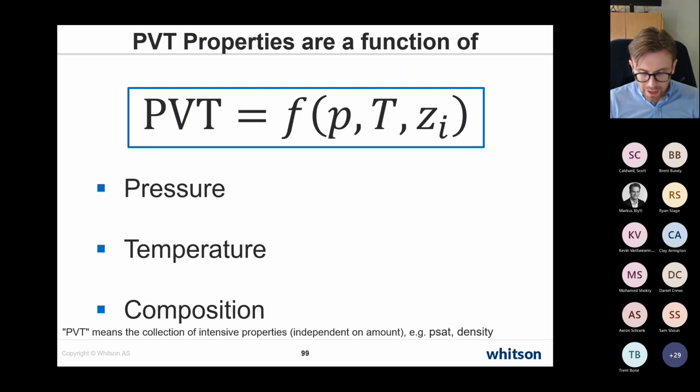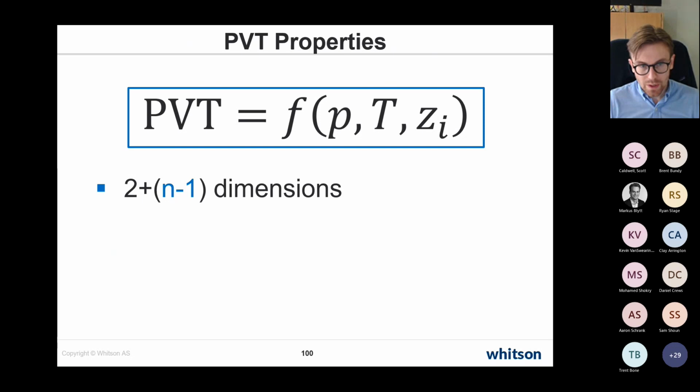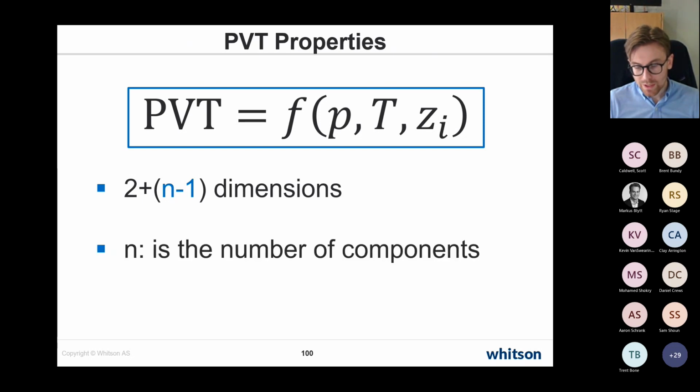So if you think about that, it's a very, very complex space, right? You'll have pressure and temperature, which is 2. And then depending on the number of components you have, you'll basically have a space that's 2 plus n minus 1 dimensions big, okay? So if you think about a super, super complex fluid with maybe thousands and thousands of isomers, you can't really think about how complex that space can be, if that makes sense.